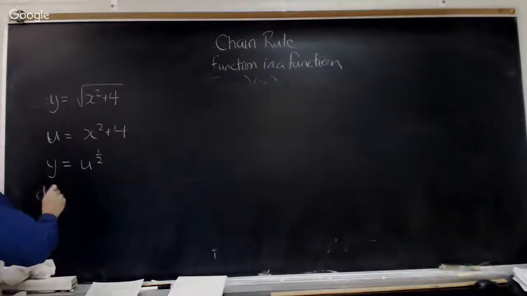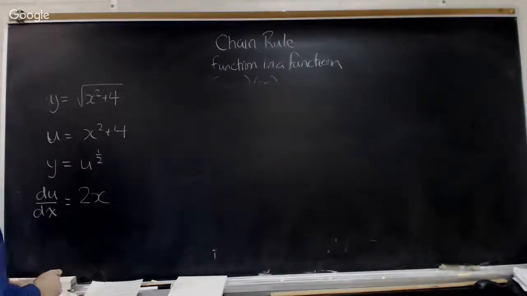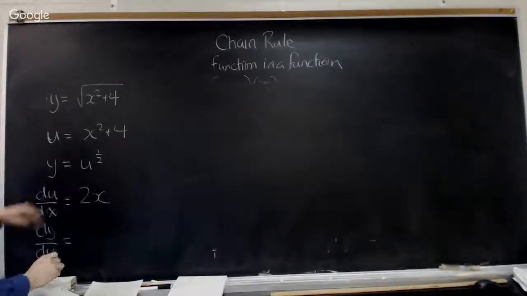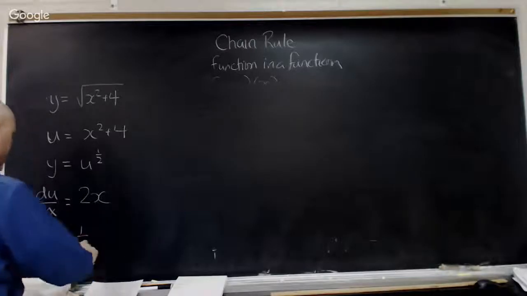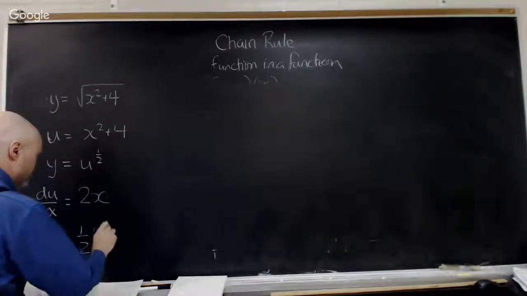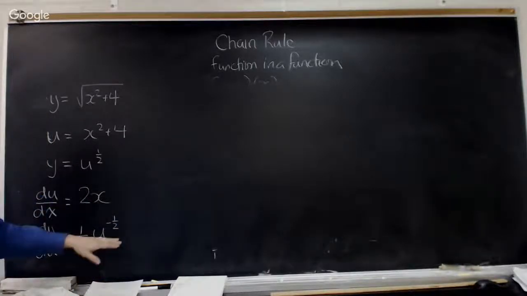Remember, we have to find dy/du, and we have to find du/dx. I'm going to find du/dx, the derivative of u with respect to x, and it's just 2x. And I'm going to find dy/du, the derivative of y with respect to u. So this is 1/2 u to the exponent negative 1/2.